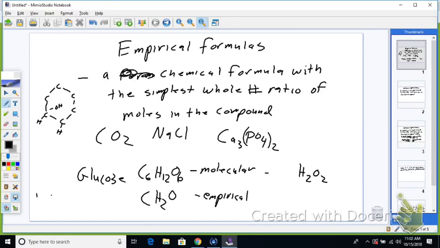H2O2 is the molecular formula. What's its empirical formula? HO. Okay? So that's the empirical formula for hydrogen peroxide. So we'll come back to molecular formula later on.